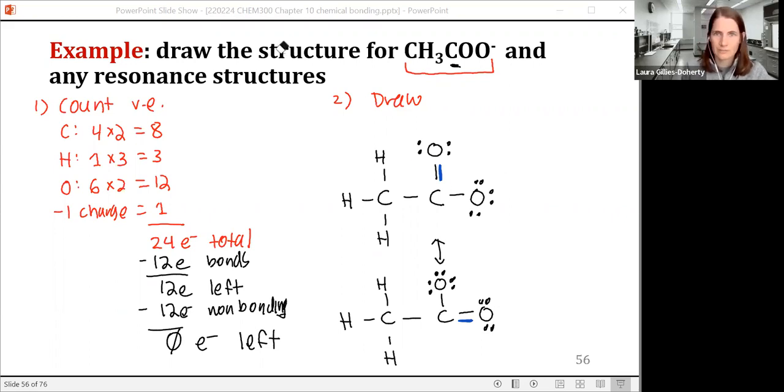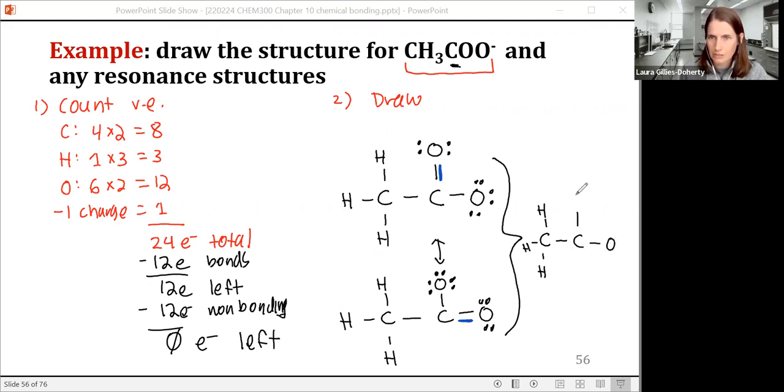So if we wanted to draw the overall average structure, we'd have our carbon with 3 hydrogens. So I'm going to draw small because that part's not changing. Carbon, oxygen, oxygen. And then we draw a dotted line to show the 2 spots where that double bond could be, like so.